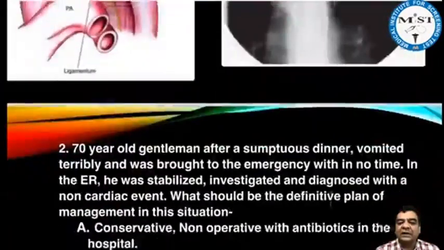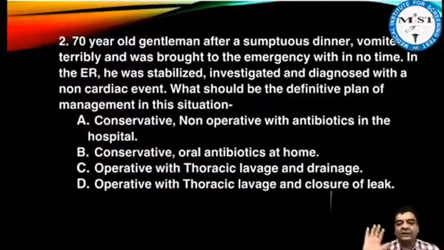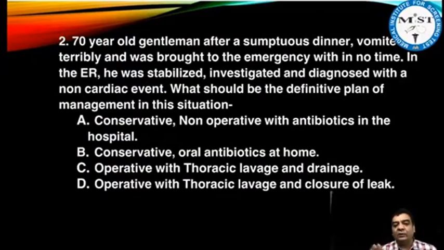Now we move on to the second question. Now here in this particular question, I would like you to have a close look: a 70-year-old gentleman. Each and every word you have to read very carefully. He is a 70-year-old gentleman. After a sumptuous dinner, sumptuous means heavy dinner, he vomited terribly and was brought to the emergency within no time.